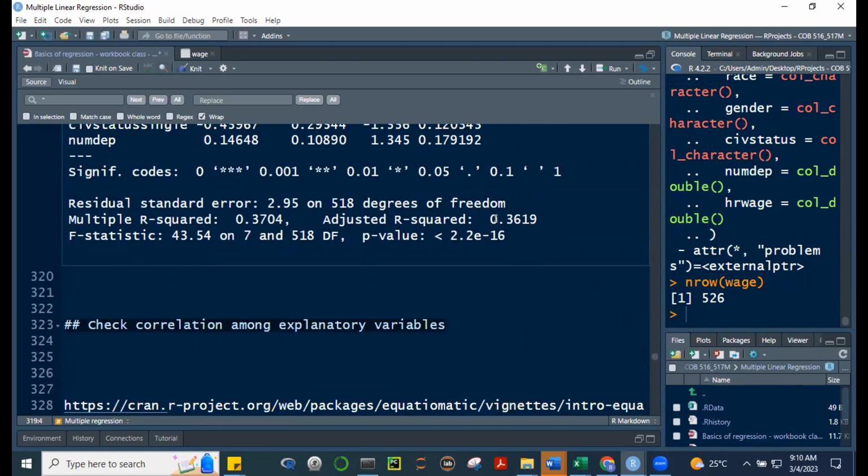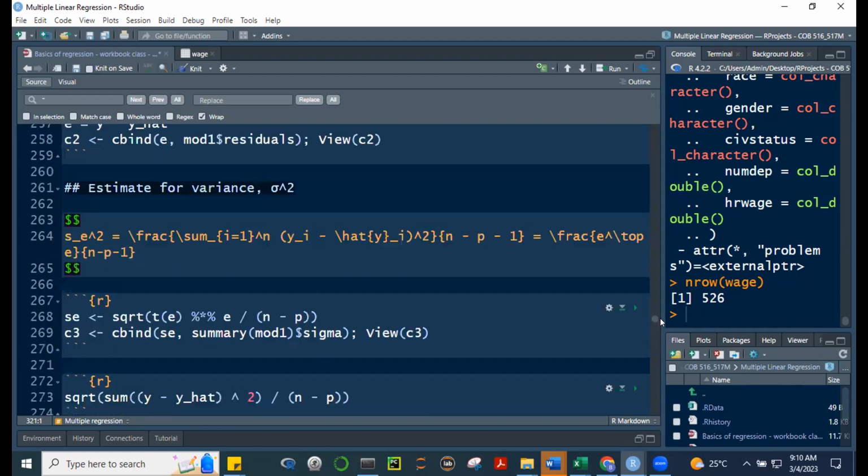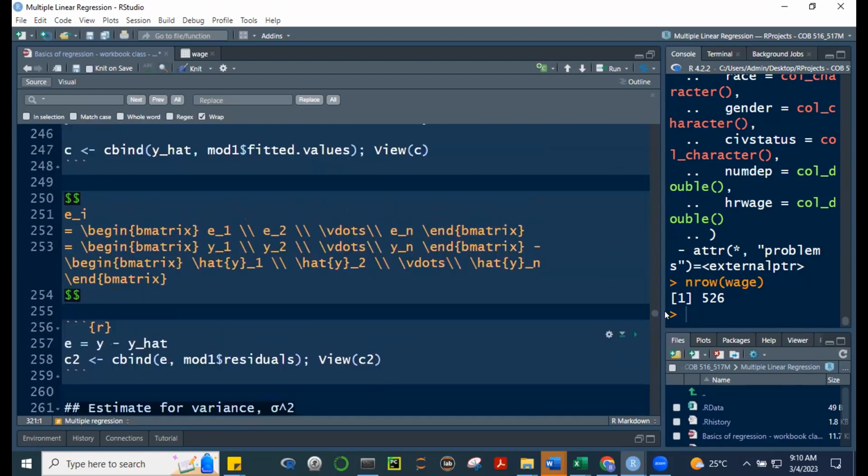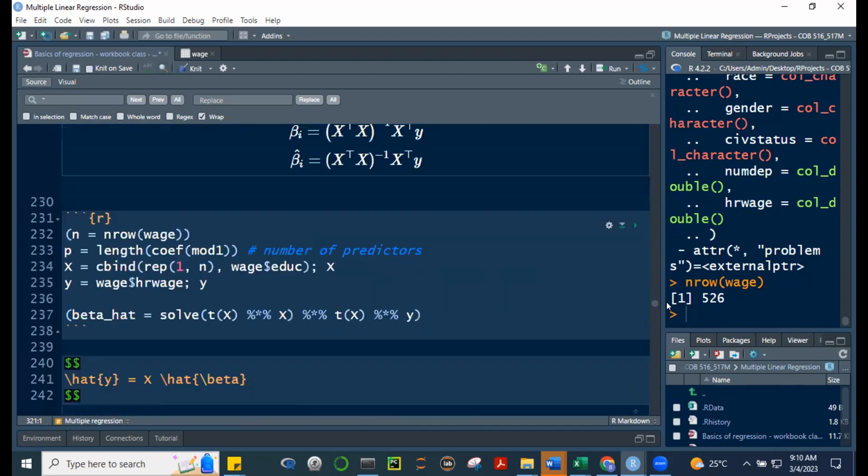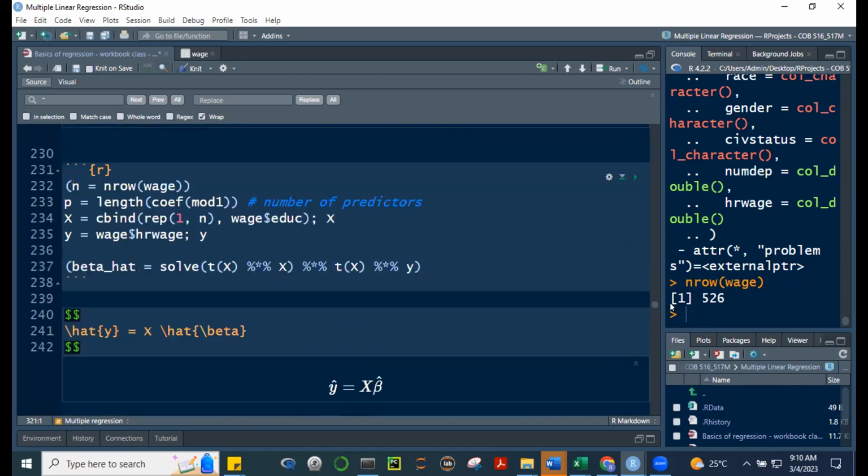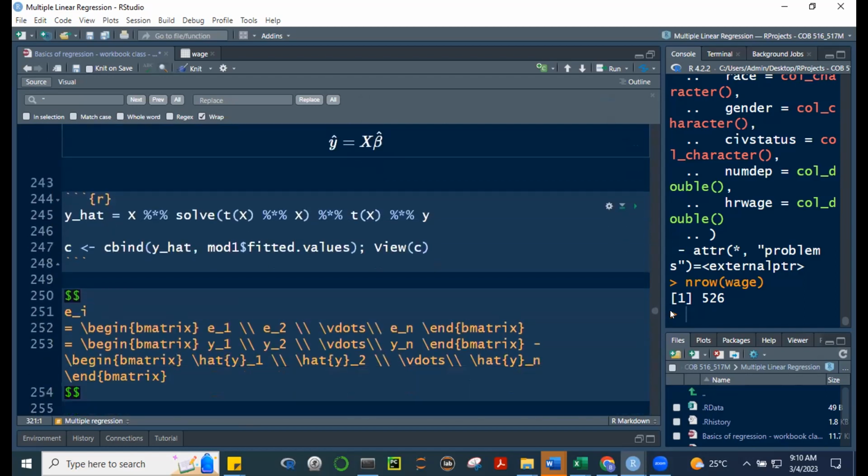Now, let's take some time, class, to compute. I'm going to copy this. I'm not sure if we discussed this last time. I don't think so, but okay.